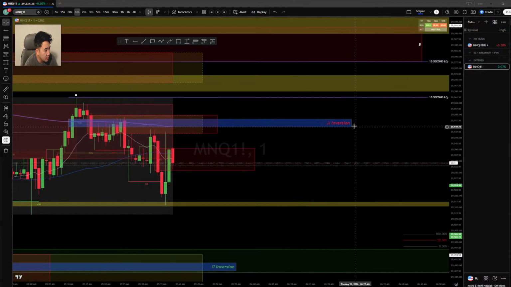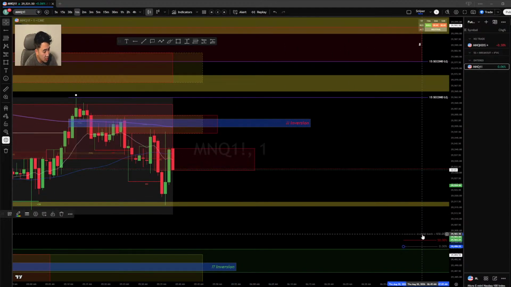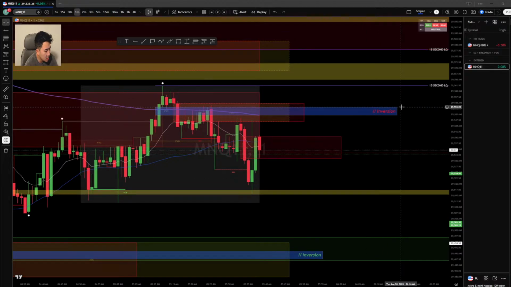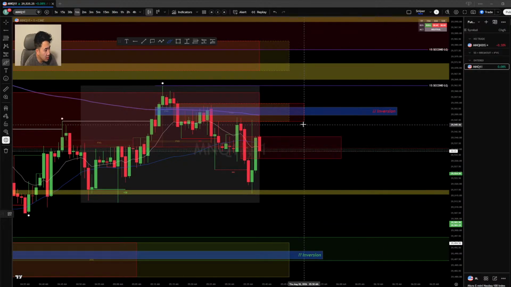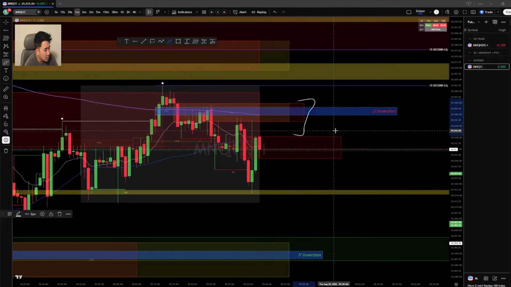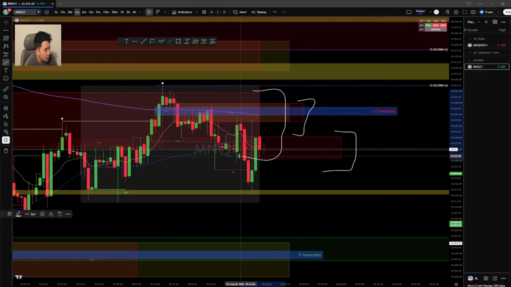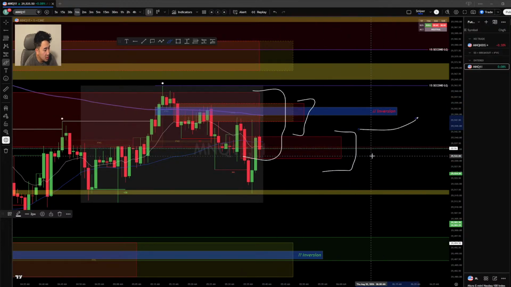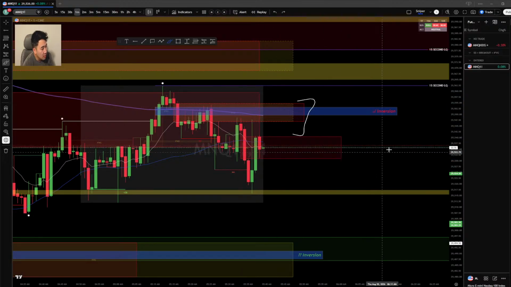It's a lot of shorts, or bearish structure, in this area. 1 minute gap, 1 minute gap, 1 minute gap, all sitting on top of each other in a bearish inversion zone.